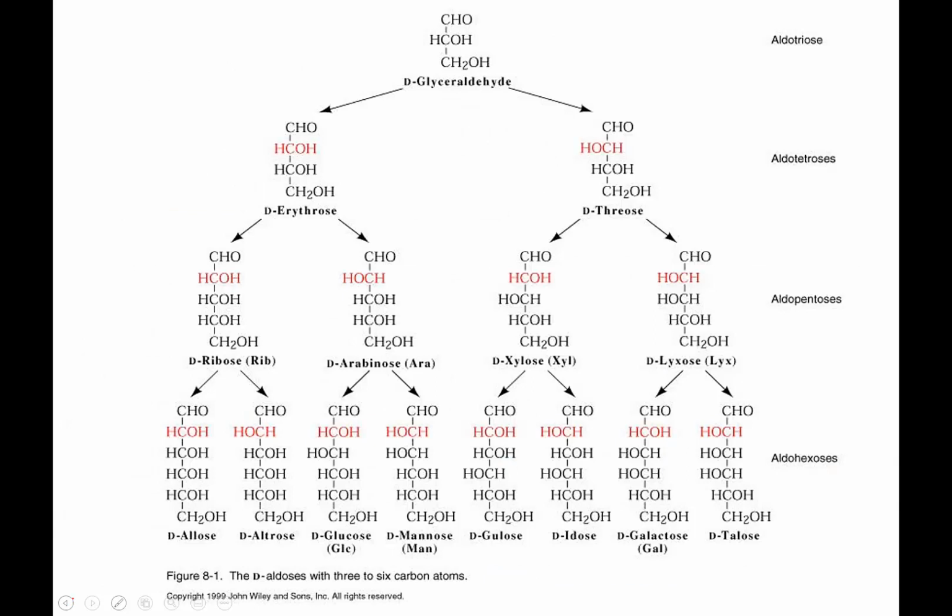So, in terms of sugars and carbohydrates, these are all called aldoses if they come from an aldehyde. For instance, you can have a 3-carbon aldehyde, a 4-carbon aldehyde, and a 5-carbon.